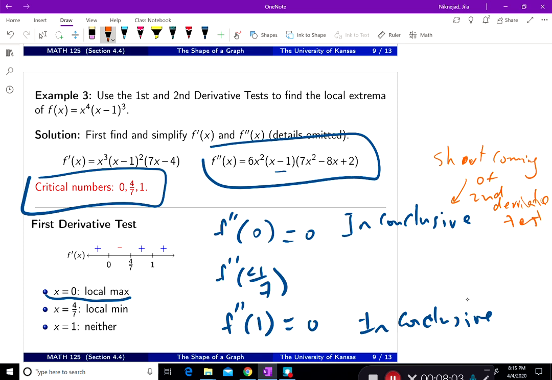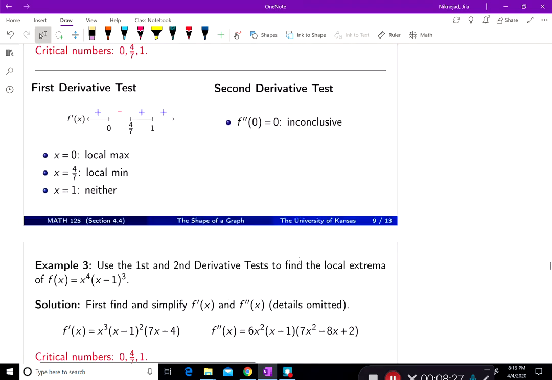But also over here, I know that at x equal to 1, we have neither, but I can't decide what it is. Again, another shortcoming. So it can be inconclusive, and one of them can be a local max, and one of them can be neither.